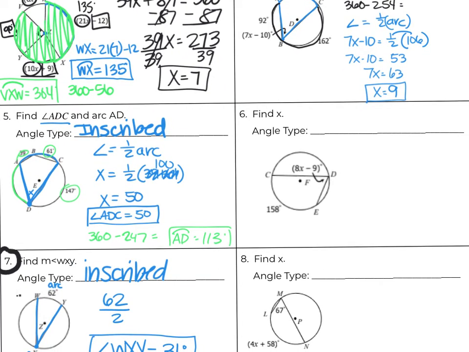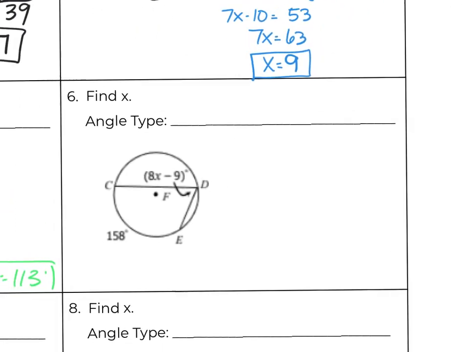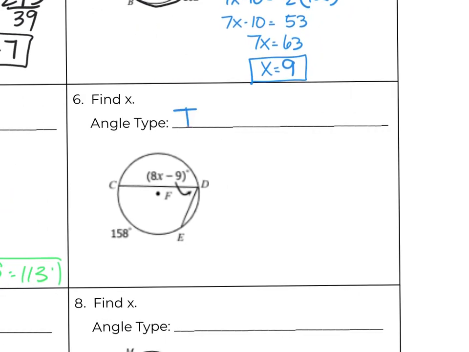Okay. Number 6 is what kind of angle? Inscribed, because the vertex is at point D. Okay, I want you to try this one because I want you to see if you can set up the equation.